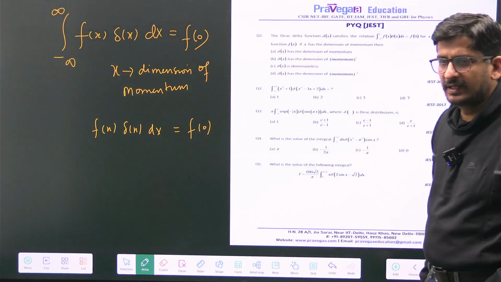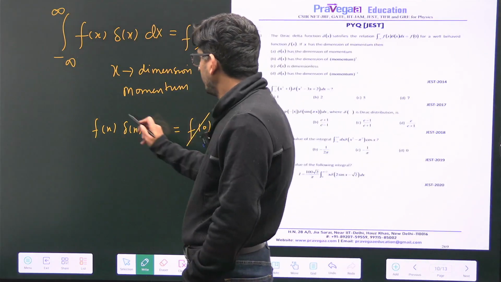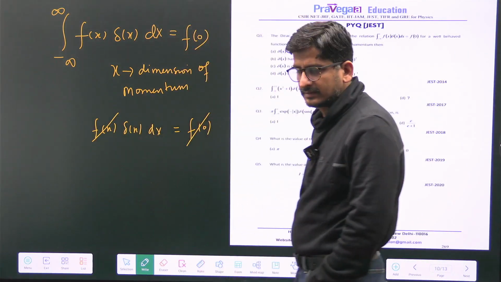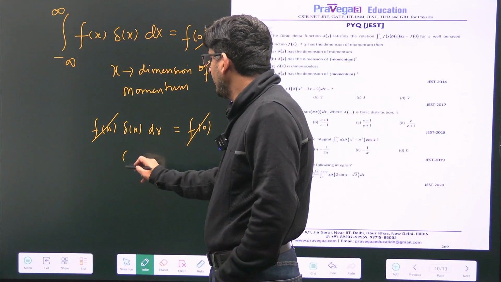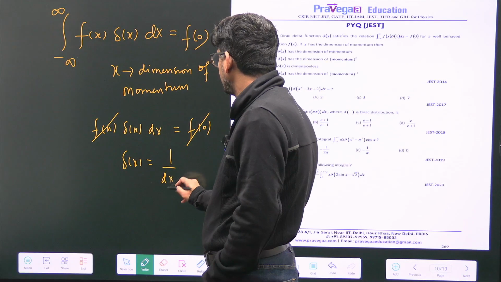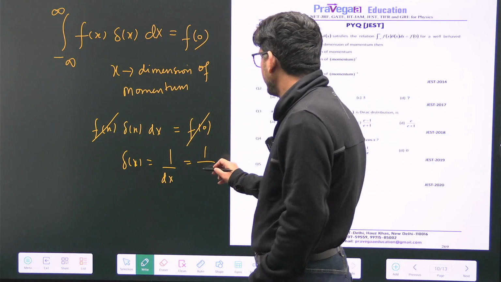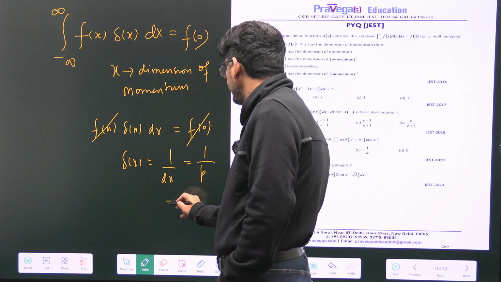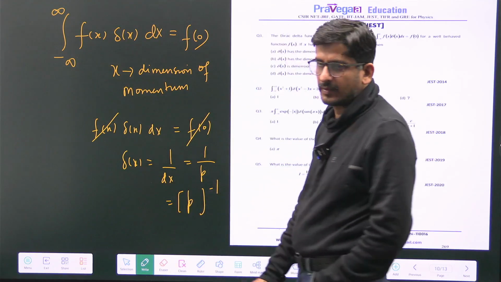Dimensionally, f(x) and f(0) will have same dimension. So delta x will have dimension 1 upon dx. dx will have dimension of x, so it will have dimension of momentum. So delta x will have dimension of inverse of momentum.